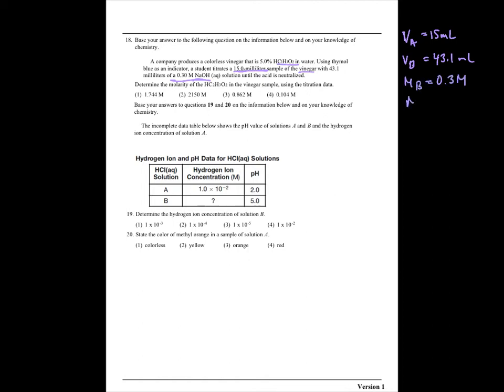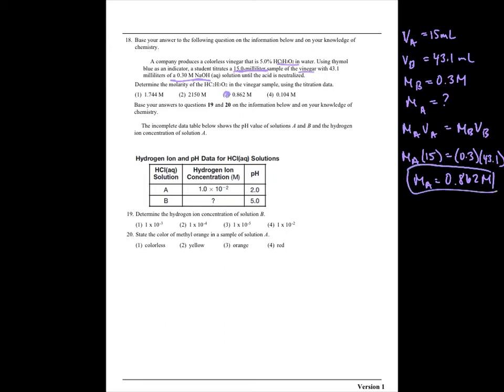We are looking for the molarity of vinegar, Ma. So using the equation, MaVa equals MbVb, as I like to call it, you should get 0.862 molar as your answer for the molarity, and that's choice 3.